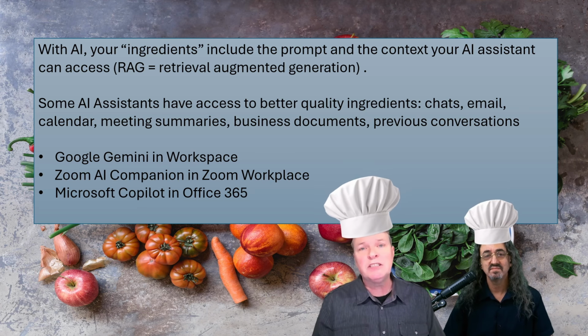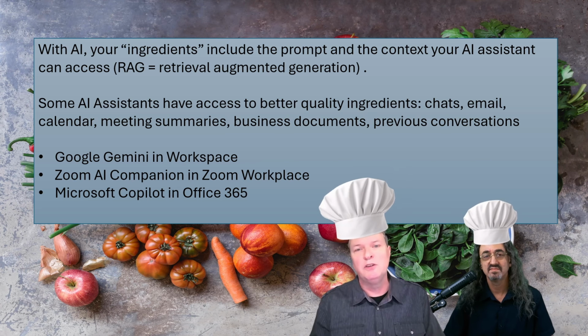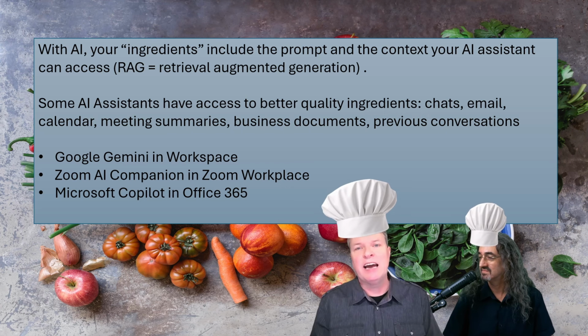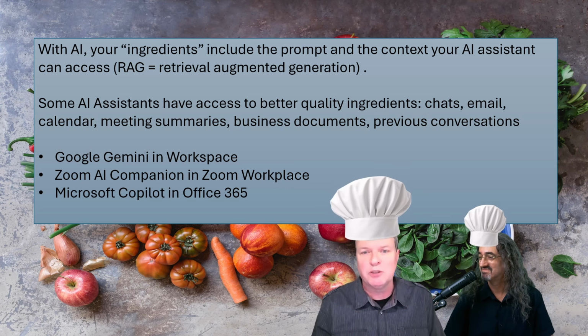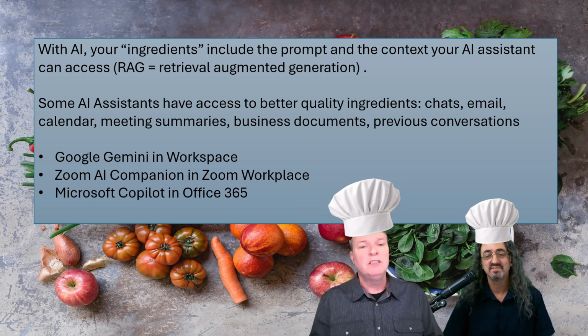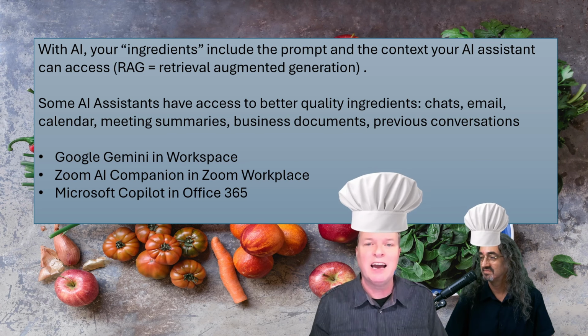But also, especially in the context of an AI assistant that might be integrated into your UC suite, the context that it can access matters, and the fancy term is RAG, or retrieval augmented generation. This makes a big difference. So some AI assistants have access to what I'll call better quality AI ingredients.